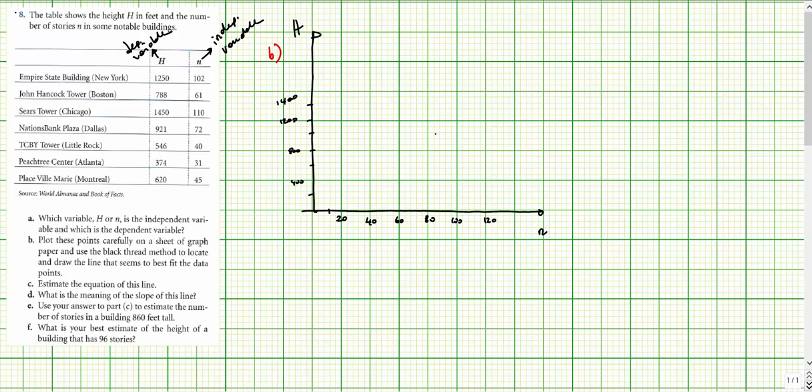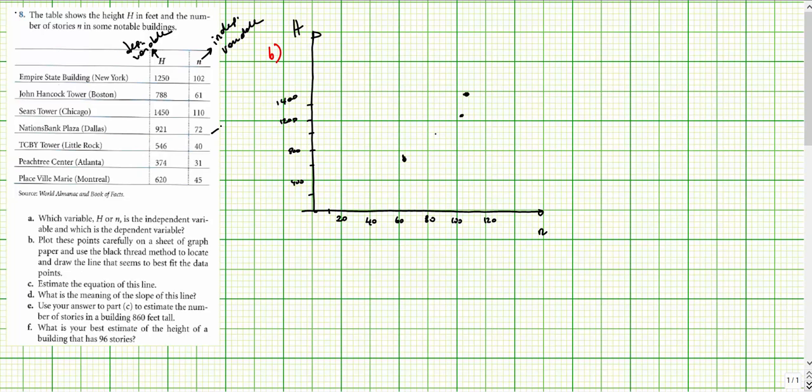N is 102, somewhere here, and height is 1250, somewhere here. Let's say these are just estimated points. When n is 61, 788, somewhere here, and n is 110, and in the middle, let's assume 1450 goes all the way here.